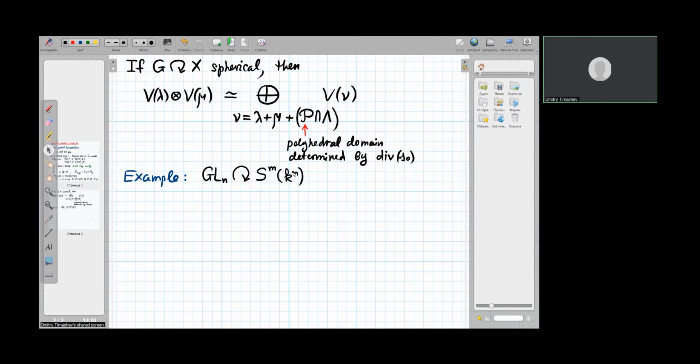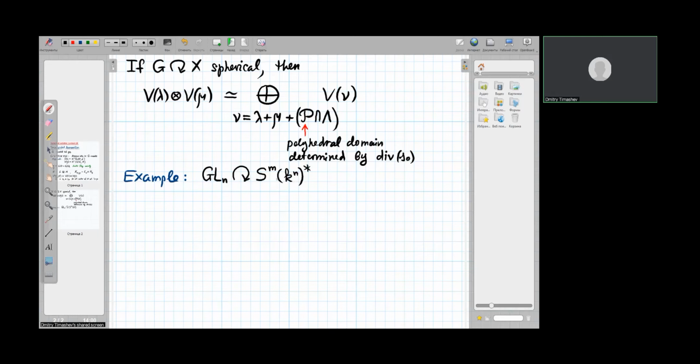For convenience of computations and of resulting formulae, it will be more convenient for me to consider the dual representation, a representation not in this space, but in the dual space.